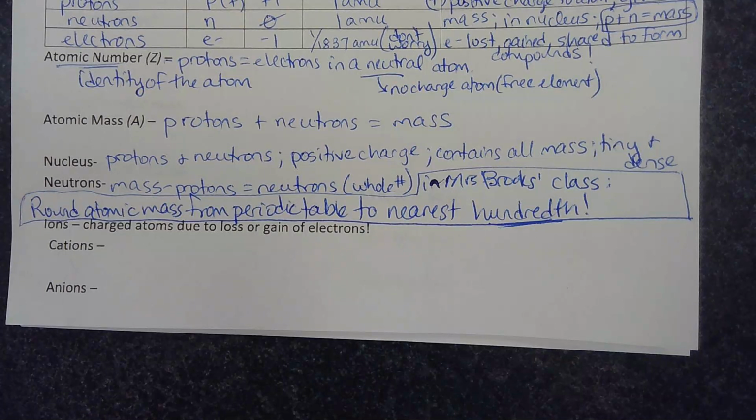All right, so let's talk about ions, and we're going to do some practice. Ions are charged atoms due to the loss or gain of electrons. Let's talk about that real quick. Who cannot change in an atom?